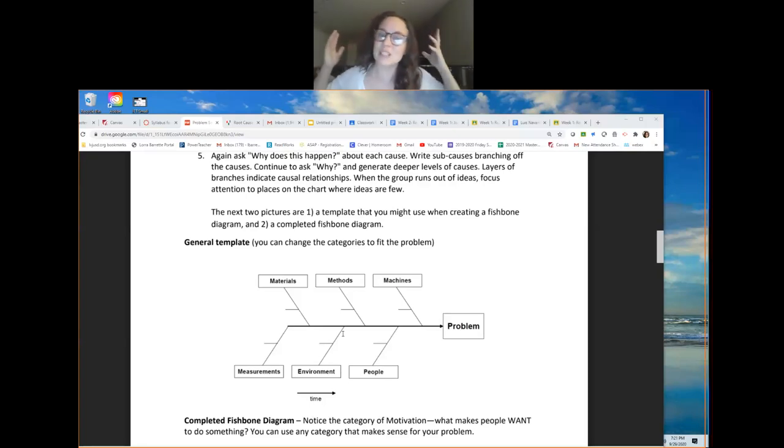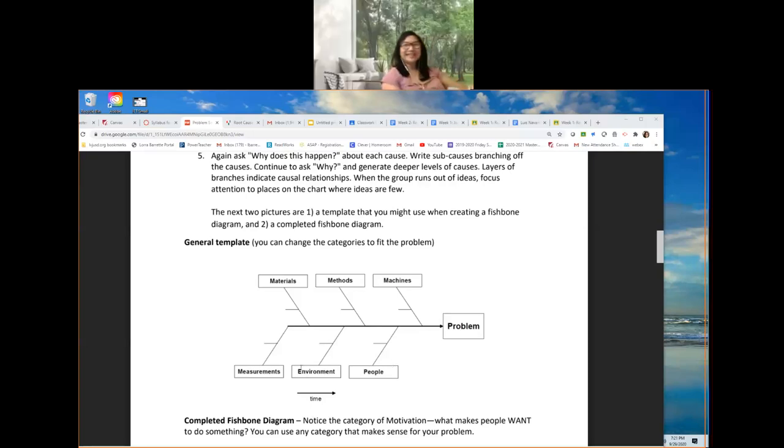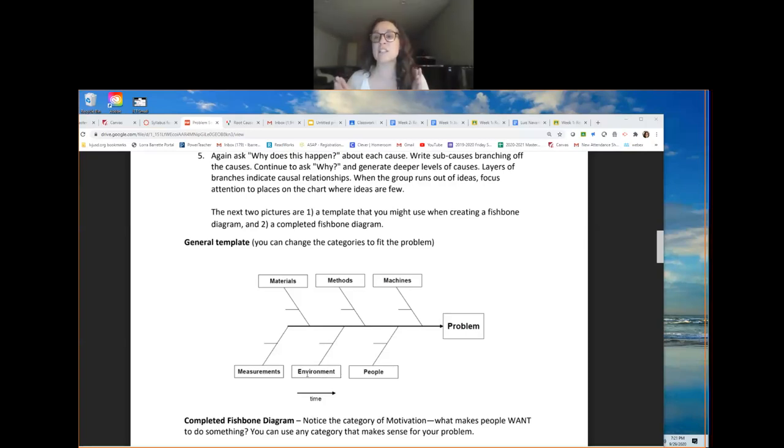So that's an environment problem, because physically the dishwasher is full, so there's no place to put the dirty dishes. Well, that goes back to a people problem, because somebody has to empty the dishwasher.